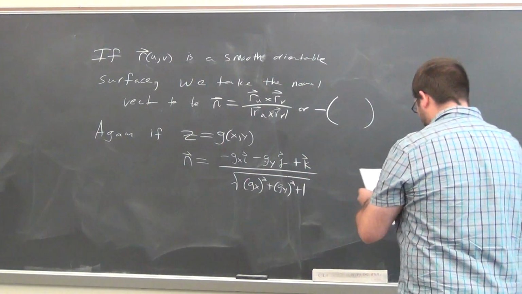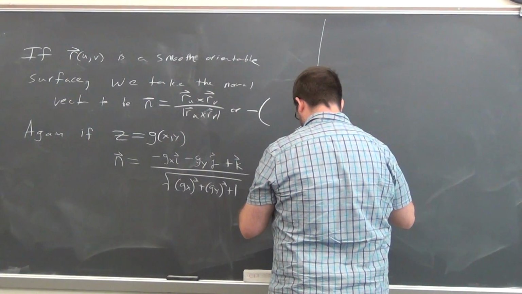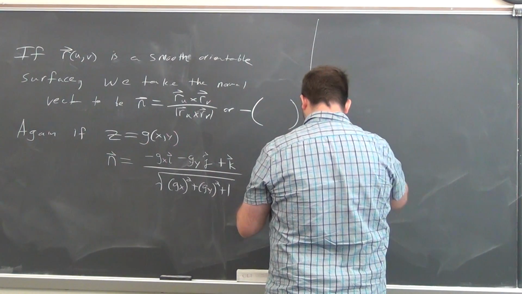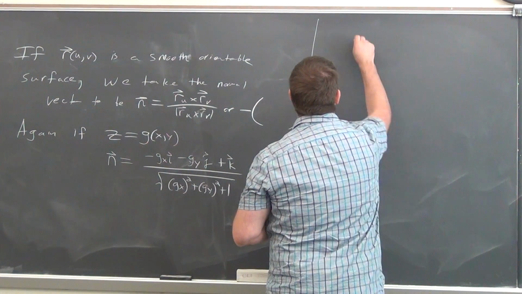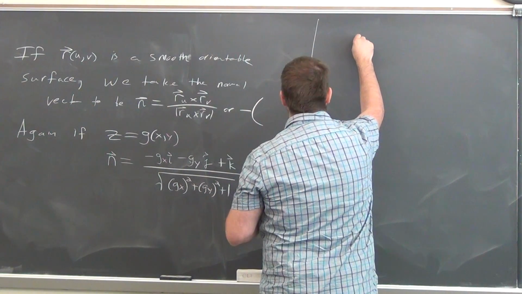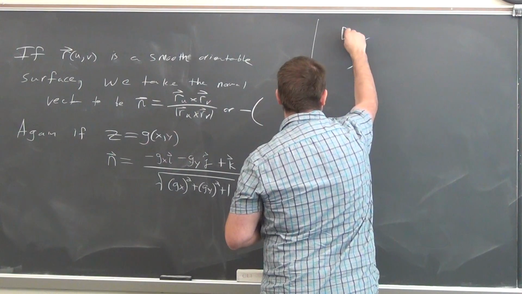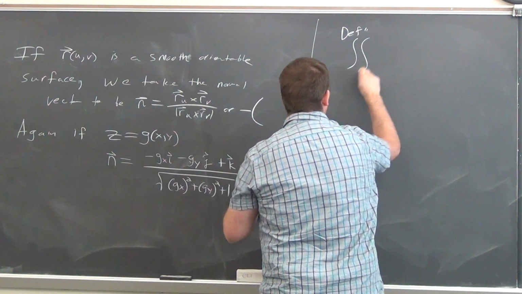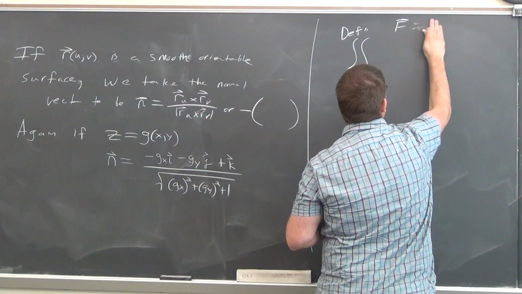Okay. What do I want to say? Right. So I guess this is a definition: the surface integral of a vector field. So we have F, I'm just going to write it like this.